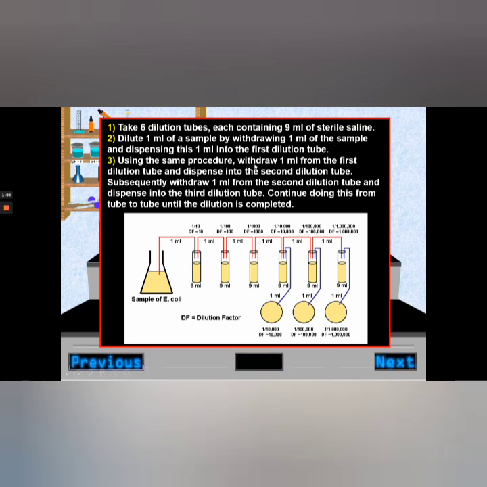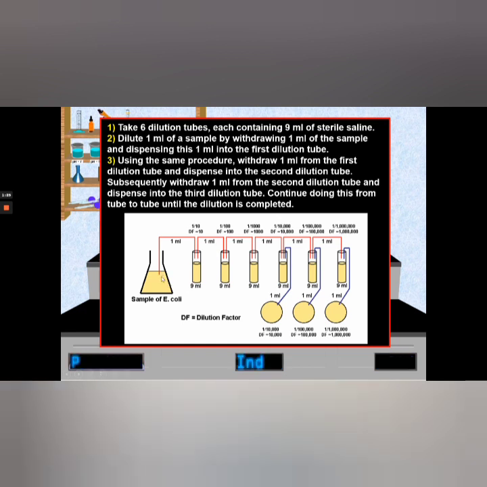Using the same procedure, withdraw 1 ml from the first dilution tube and dispense into the second dilution tube. Subsequently, withdraw 1 ml from the second dilution tube and dispense into the third dilution tube. Continue doing this from tube to tube until the dilution is completed.